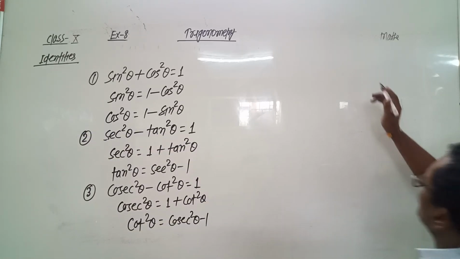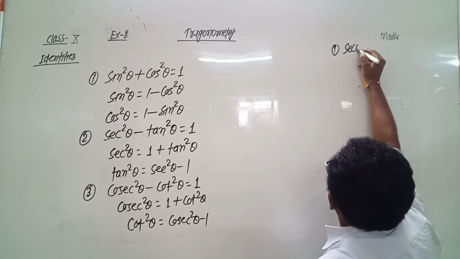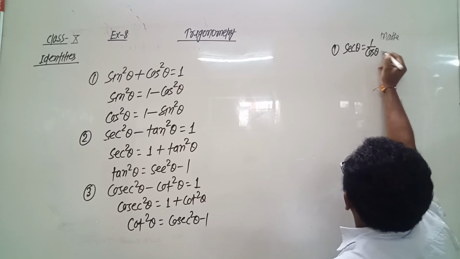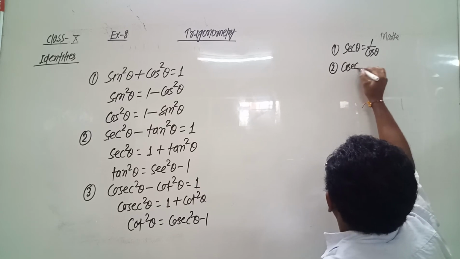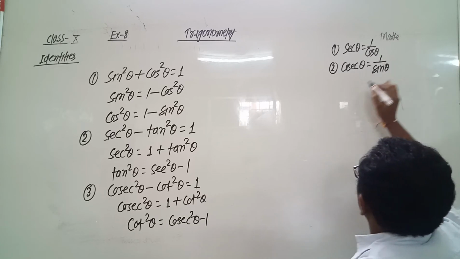So the formulas: first, sec theta is written as 1 by cos theta. Second, cosec theta is written as 1 by sin theta.